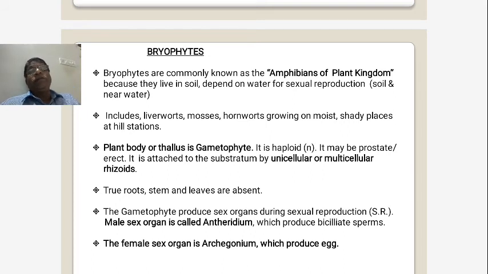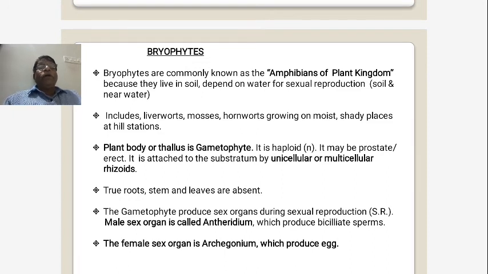In the animals, frogs are commonly known as amphibians. But in the plant kingdom, bryophytes are commonly called amphibious plants or amphibians. A very important term for the main examination. Okay.